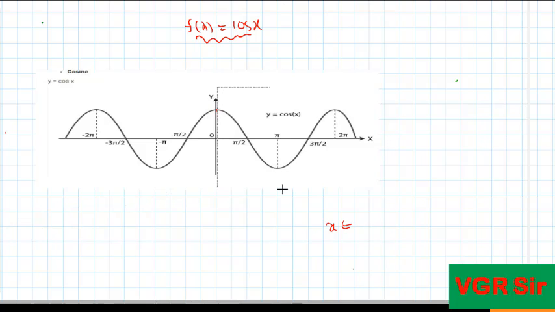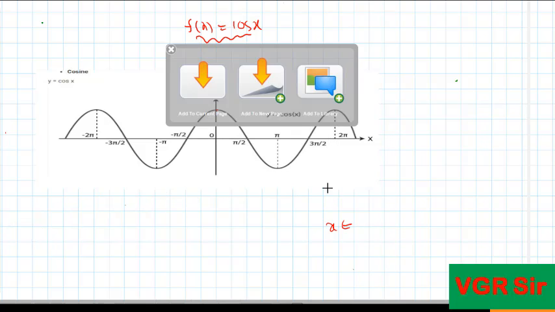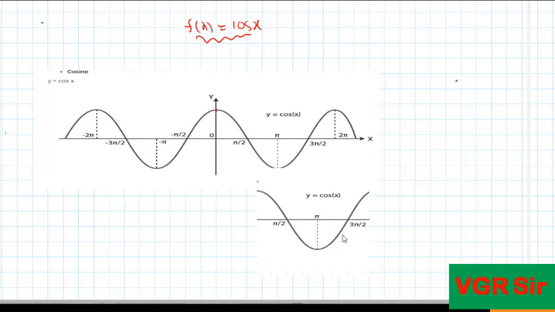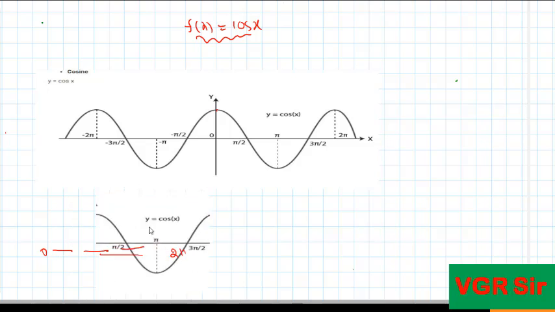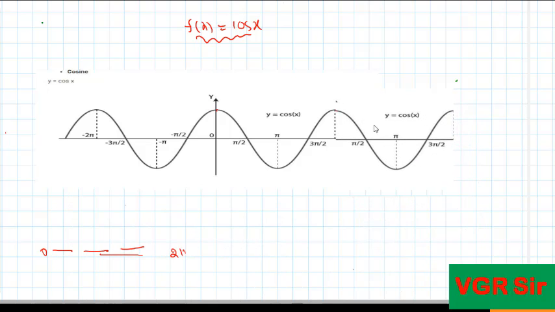Yes students, if you take this piece, what is the length here? Here 0, here 2 pi. This is pi by 2, pi by 2, pi by 2, total 2 pi length. This is the piece of the graph. Place it here, and it exactly coincides and gives a continuous graph.